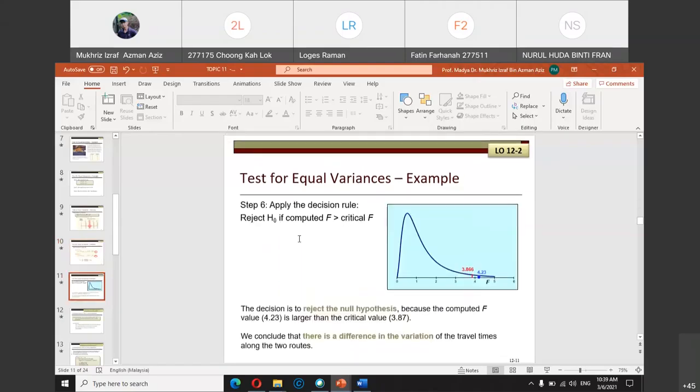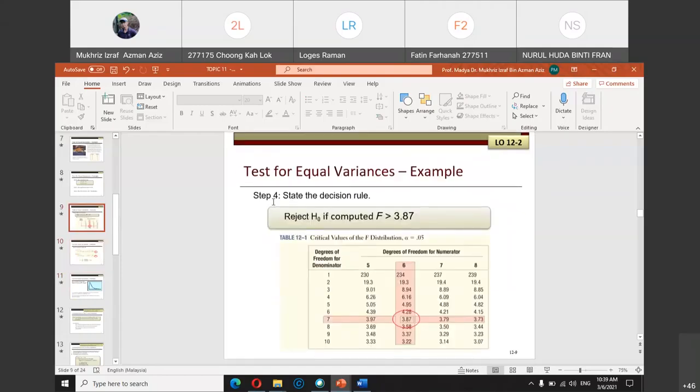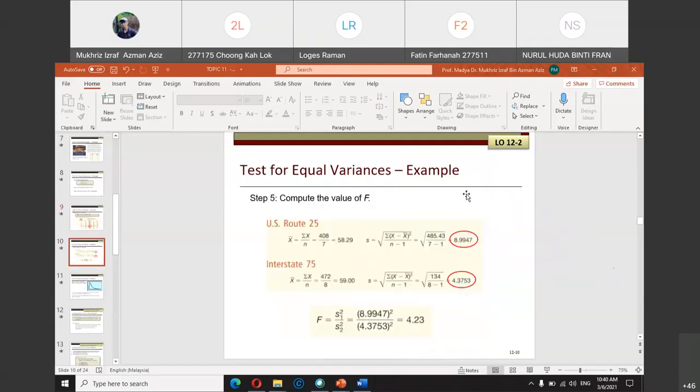Then the conclusion. Here you see step number 6, but in reality you can just combine this into step number 5, just like in the previous two chapters. In step number 4, when you do the decision rule, based on what you learned before, you need to draw the area under the curve as well, as you see here.